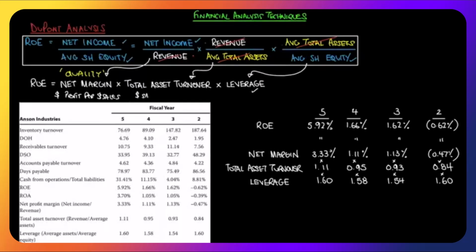How many dollars of sales per dollar of assets? That some people think of as quantity. Total asset turnover is telling you how much revenue do you generate with your asset base. Net margin is saying, given that revenue, how much of it turns into profit. Quality and quantity.